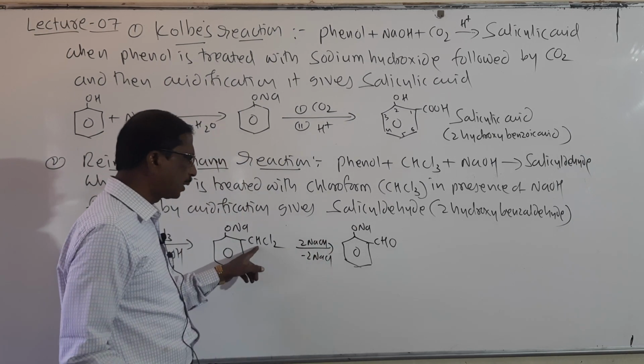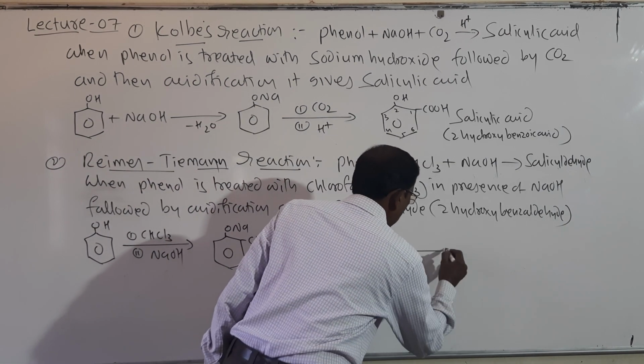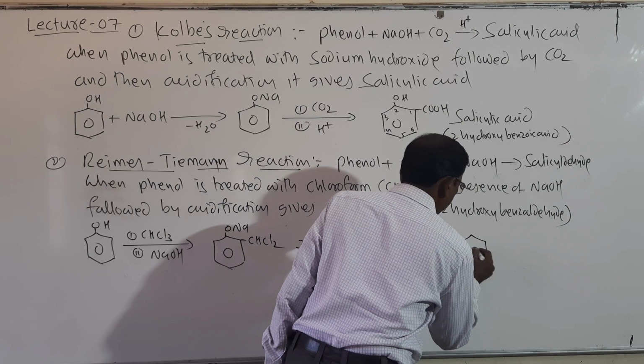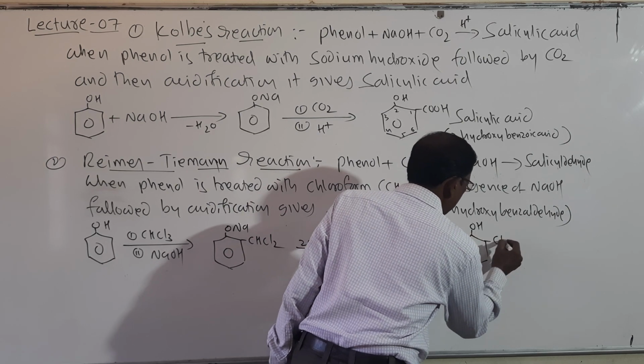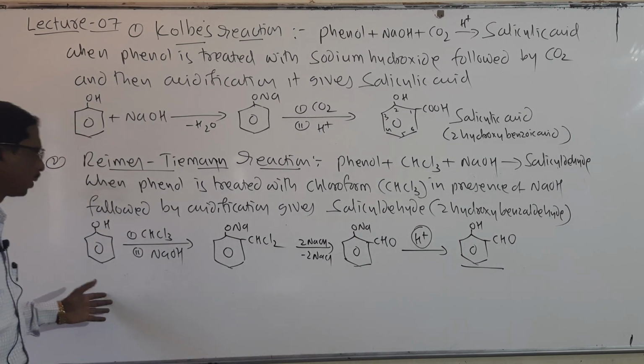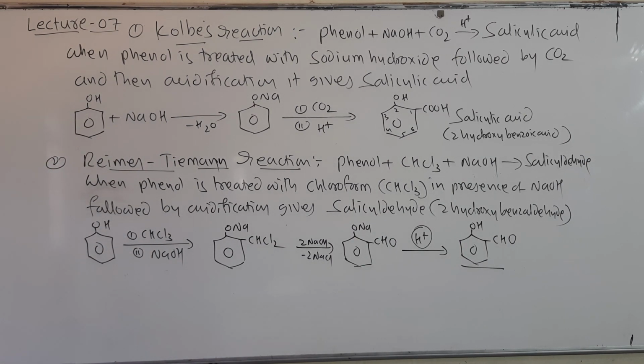OH is added, and then acidification gives OH and CHO. This is called salicylaldehyde. Look here students, it carries 3 marks.